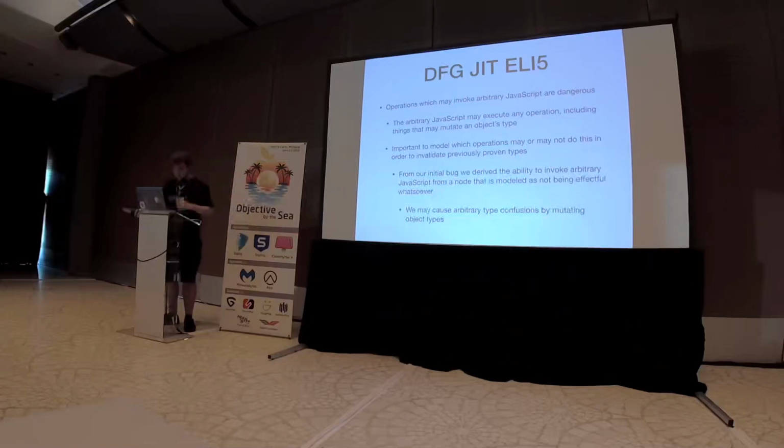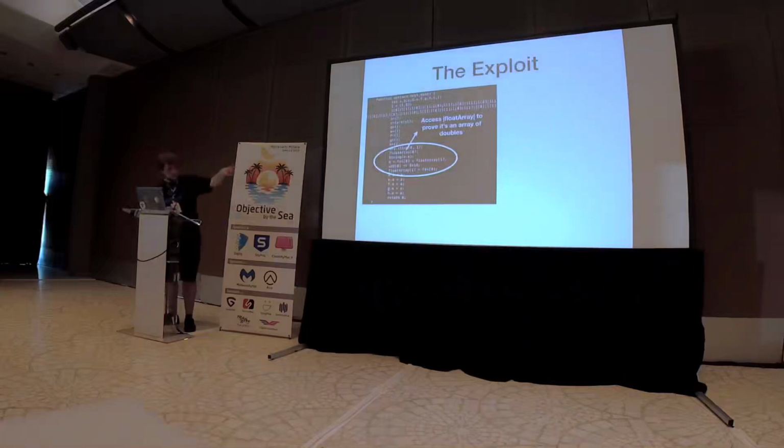And so in our exploit, just before the call to string constructor, we do a fetch on a JavaScript array, hereby called float array, which is an array of doubles. By doing this access, we actually prove that the array contains doubles as members.